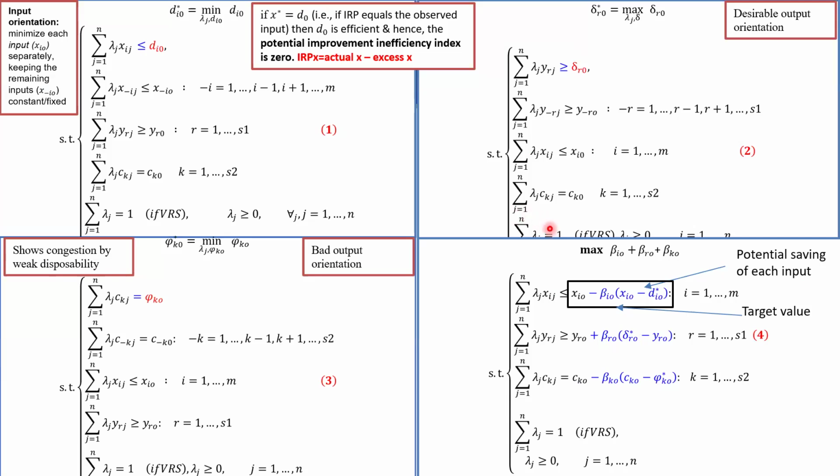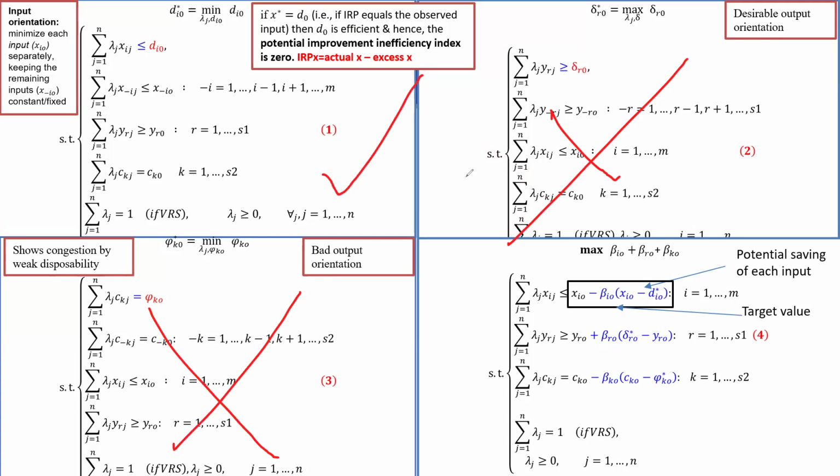So if we were to be doing input orientation alone, we will not need this one. We will only need this one. And then here, we will need the first one and not the second one for the second stage. This is the second stage. So take note of this. We'll come back to that.